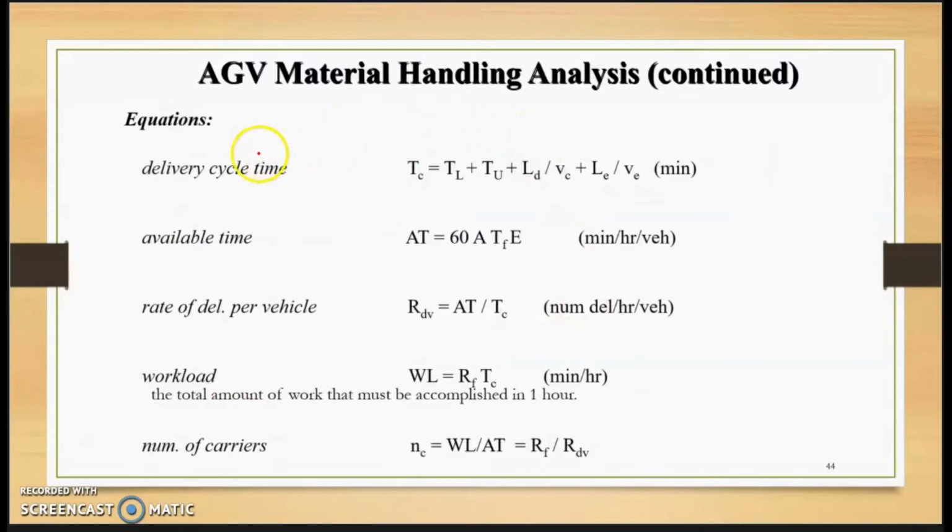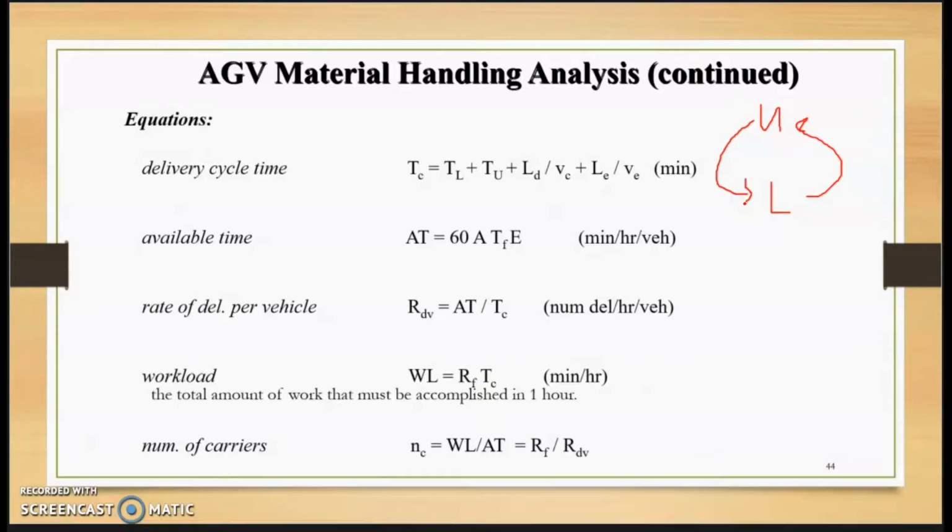Next we have a list of equations. Cycle time is the time the AGV needs to complete a task. For example, it moves from the loading to the unloading station. After it unloads the materials, it goes back to the loading station.